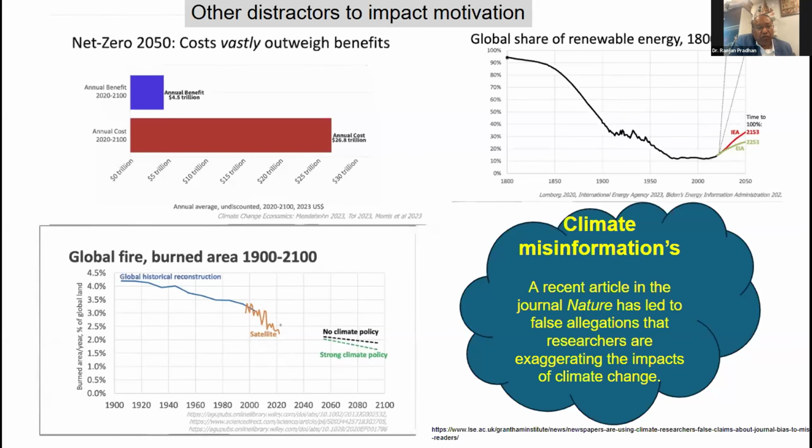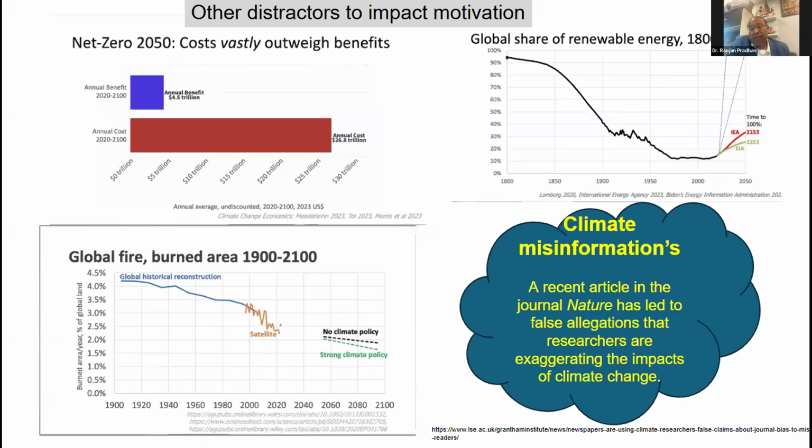Actually, the amount of land under fire is less. Even if it is projected with modeling in future, strong climate policy is not benefiting too much, and it's a downward trend. So are we, or should we be, concerned so much as it is played out?